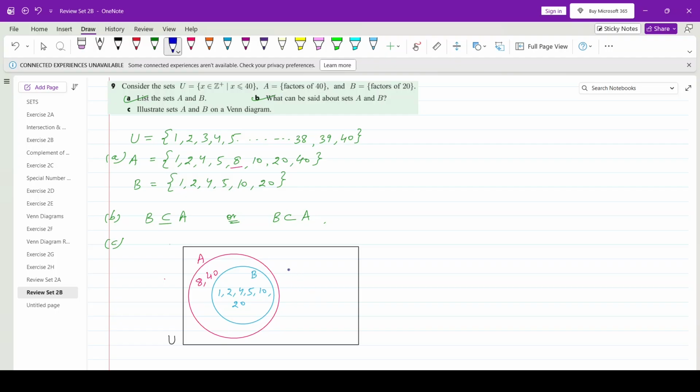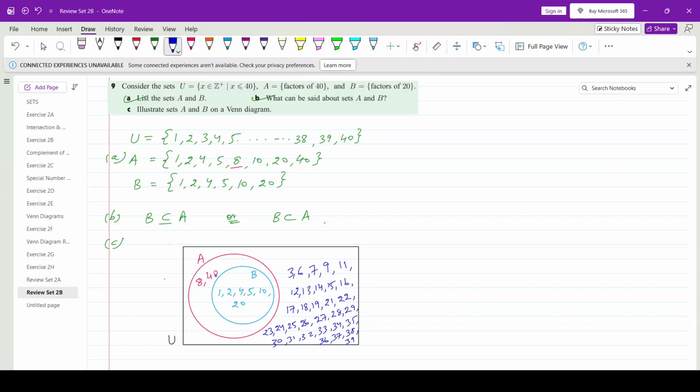So 1, 2, 3, 4, 5, 6, 7, 8, 9, 10, 11, 12, 13, 14, 15, 16, 17, 18, 19, 20, 21, 22, 23, 24, 25, 26, 27, 28, 29, 30, 31, 32, 33, 34, 35, 36, 37, 38, and 39.